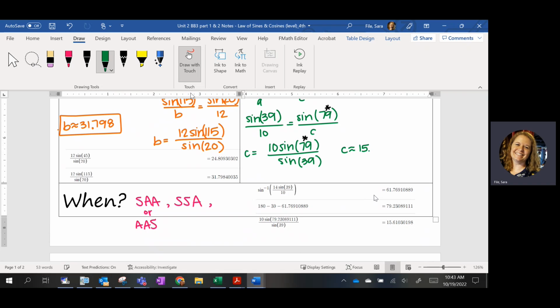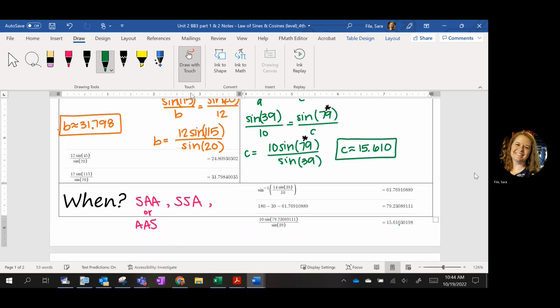Would you write that decimal? 0.610. If it says to go to thousandths and your thousandth place is a 0, write the 0. Okay, go to the place value you're asked to go to.